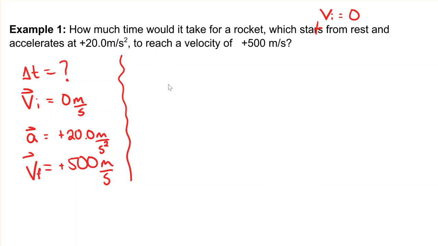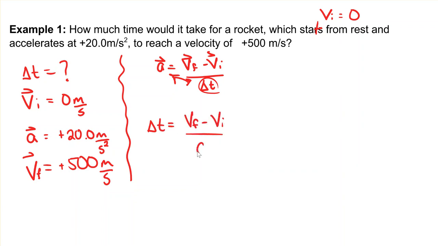Our original equation was A equals VF minus VI over delta T. If I'm looking for delta T, it's a lot like the velocity. We just swap A and delta T. So delta T equals VF minus VI over A. That's how we rearrange it, and you get 1 mark for just writing down the rearranged version of the equation.